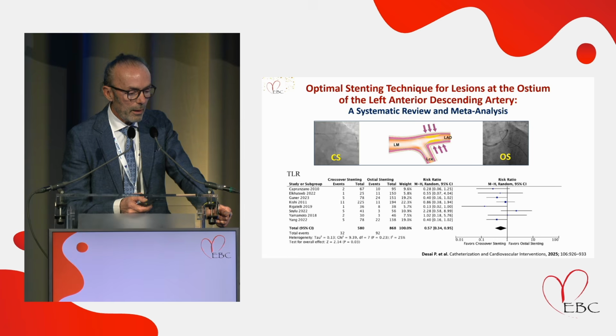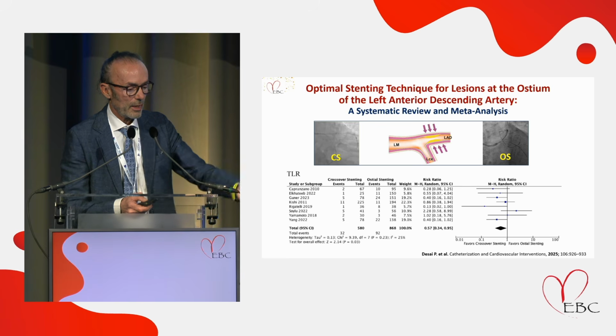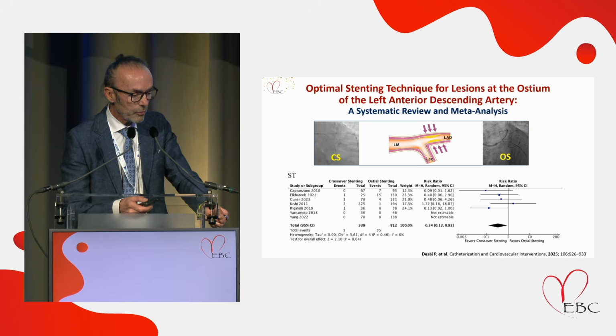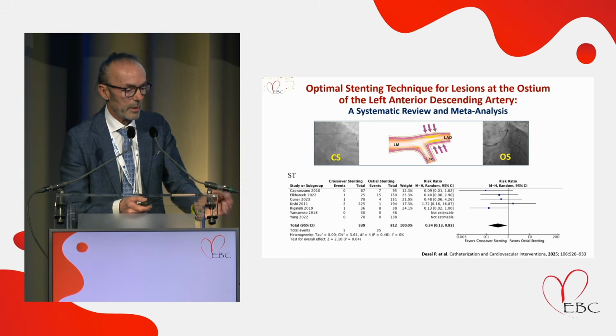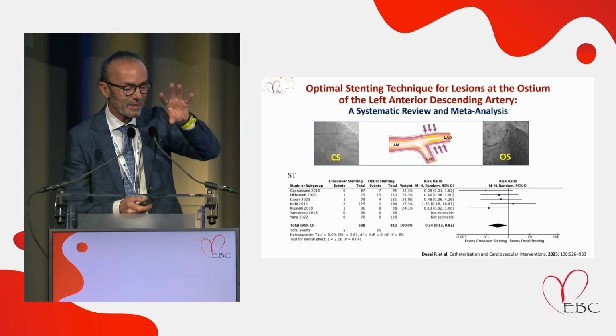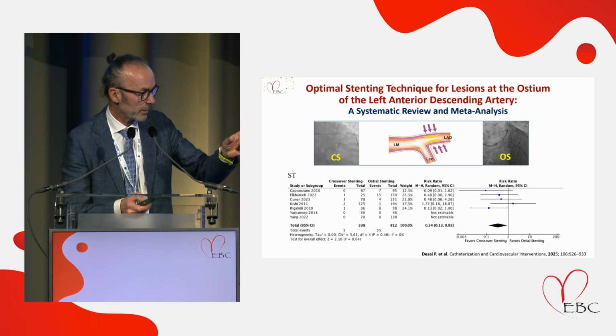And the TLR was lower in the crossover in this meta-analysis. So ostial stenting had more TLR. And also stent thrombosis was lower in the crossover. So if you do ostial stenting, you have more stent thrombosis.